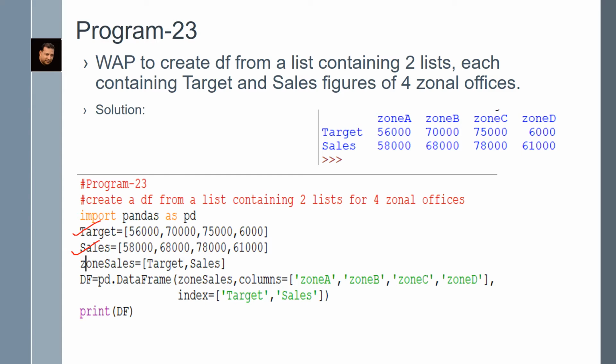Then one more list, zonal sales equal to target comma sales. So this is a list containing 2 lists. df is equal to pd.DataFrame, same line, zonal sales. Columns is equal to, we have to provide column names, zone A, zone B, zone C, zone D, due to which you can see this output, and index as target comma sales.